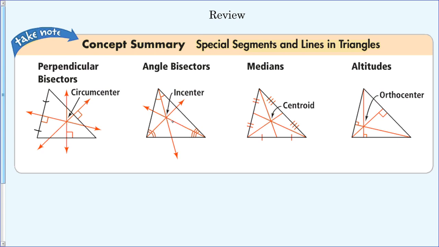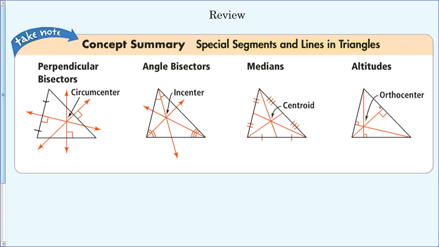Your incenter are your angle bisectors. Your centroid is formed by your medians, and your orthocenter is formed by your altitudes. I would recommend writing this chart down and committing this to memory. So 4 different ways, 4 different centers.